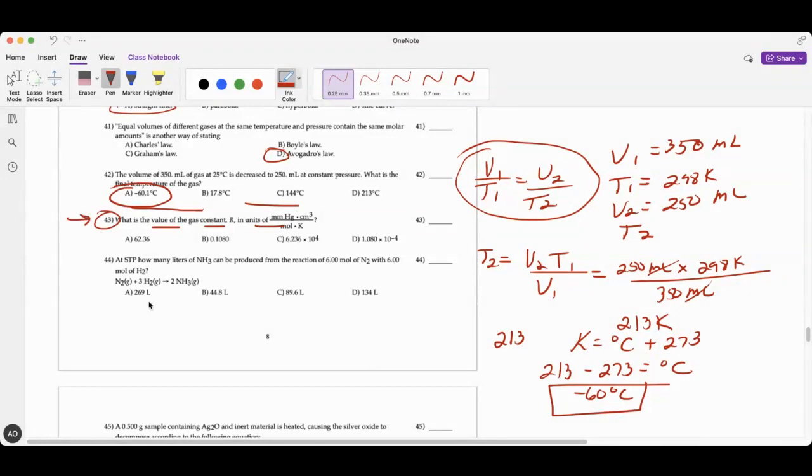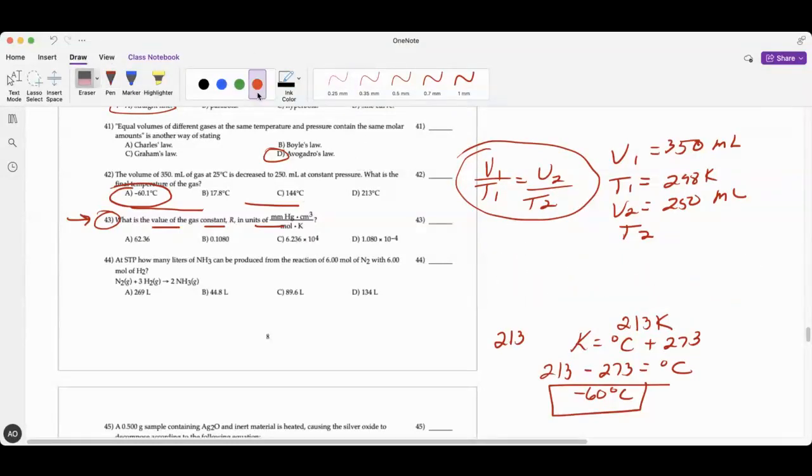Basically, you would use the universal gas constant, 0.0821 liter atmospheres over mole Kelvin. So the volume you would change to cubic centimeters, and the pressure you would change to millimeters of mercury.